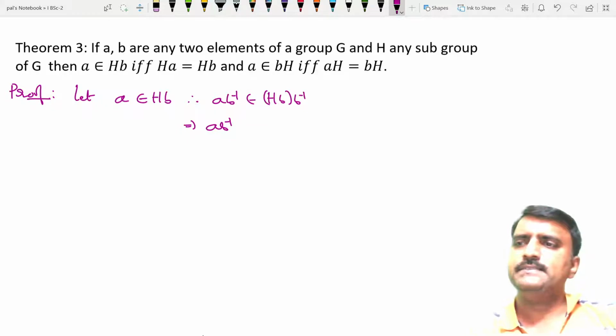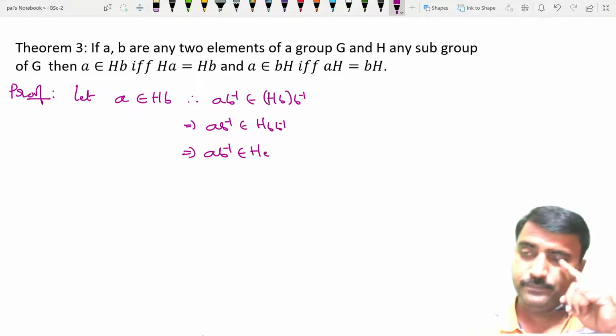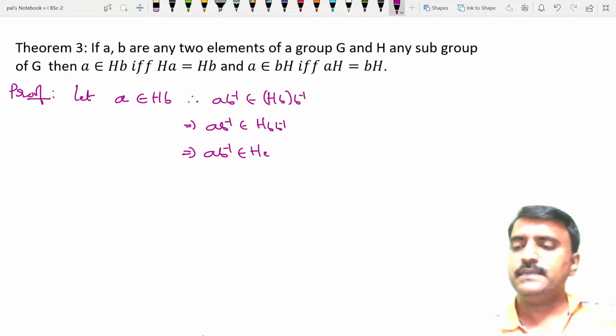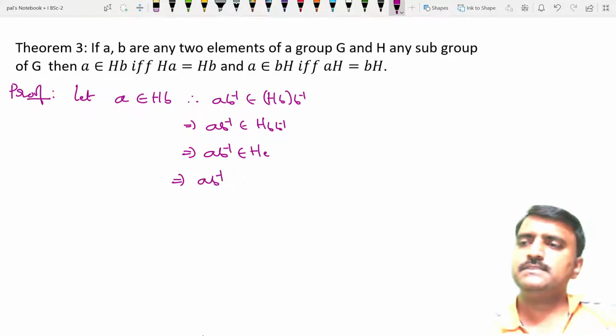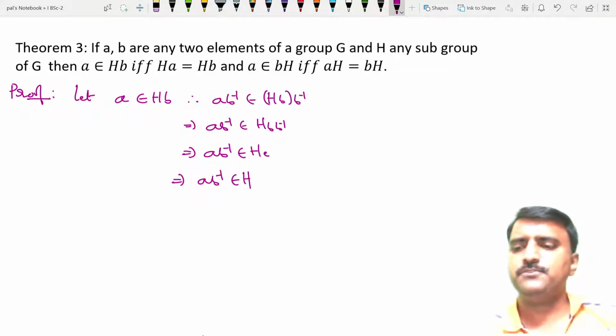Which implies that AB inverse belongs to HB B inverse, and BB inverse is equal to E. So AB inverse is an element of H, because HE is equal to H. All of you know this one.